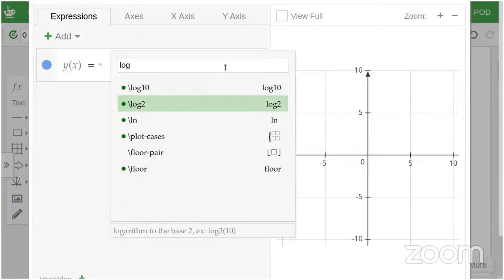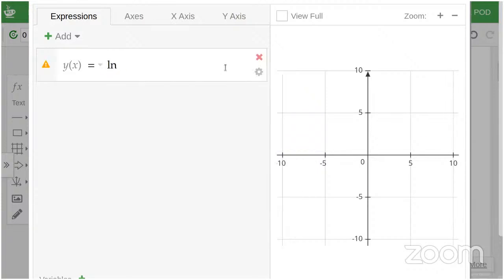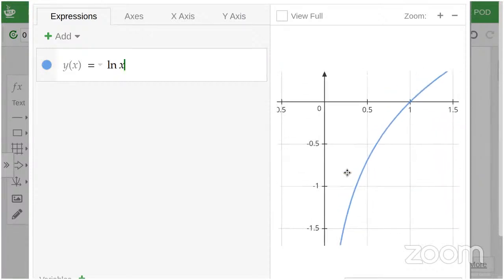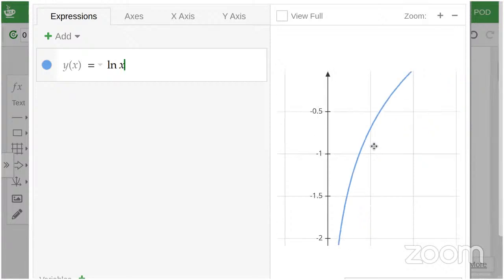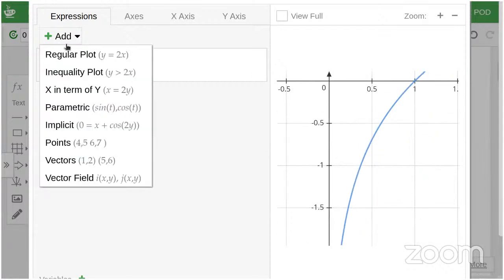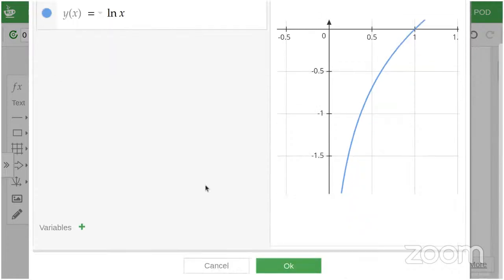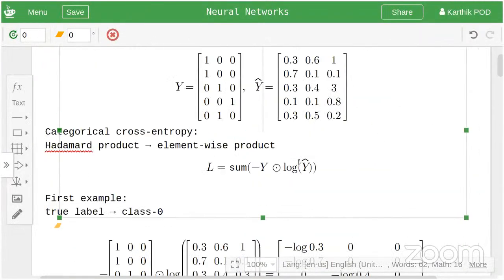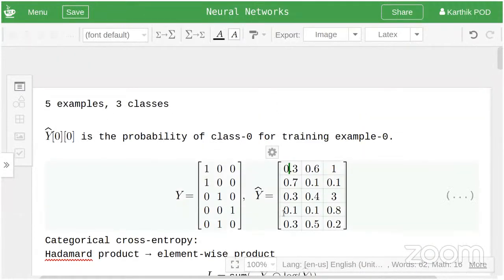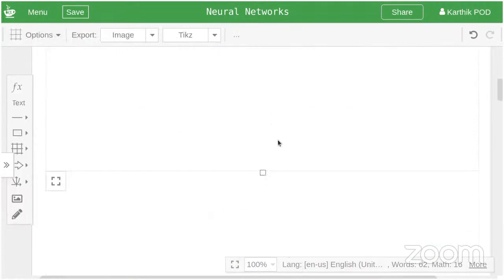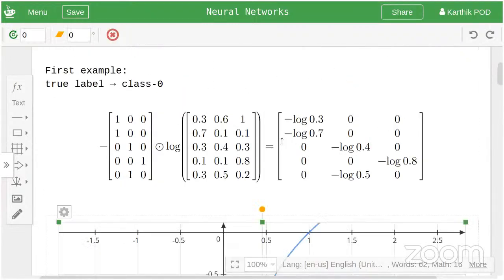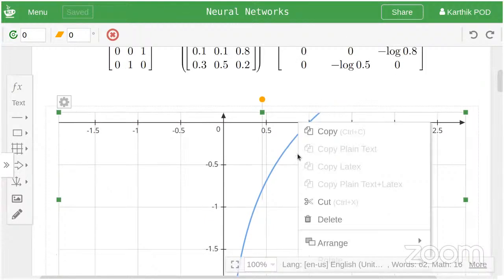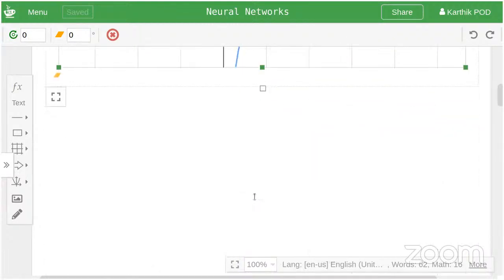So we have ln x, right? Sorry, what I meant was the other way. In fact, let us plot minus log x, that's easier.